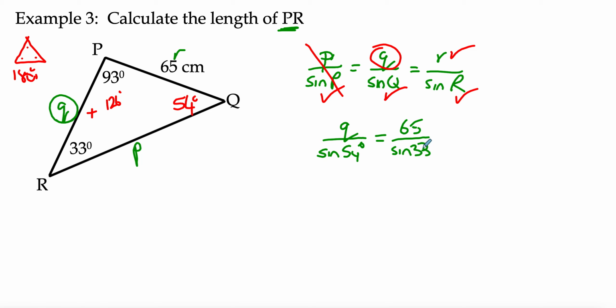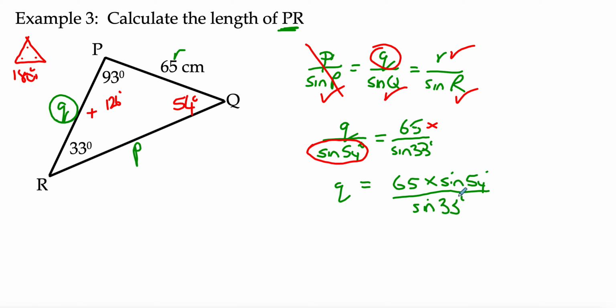What we're doing with our cross multiplying, we've got q, we've got dividing by sine 54, that's going to multiply up here. We can rewrite it as q equals 65 multiplied by sine of 54 degrees over the sine of 33 degrees.